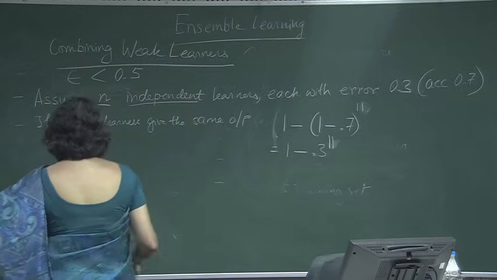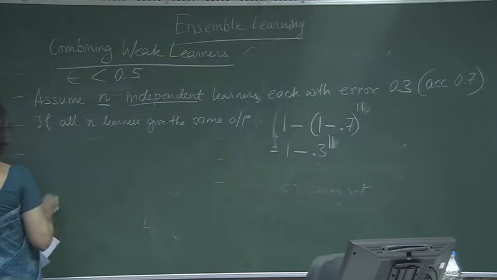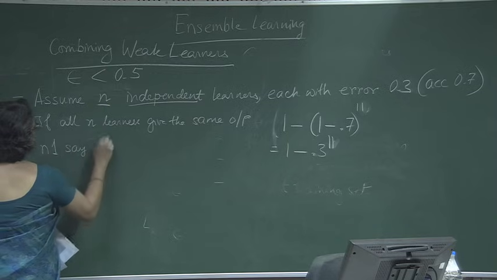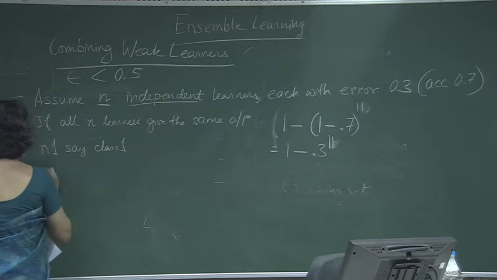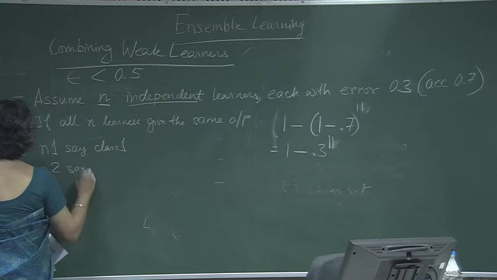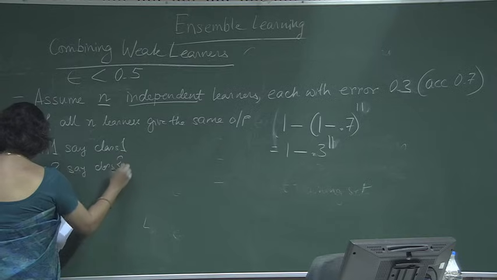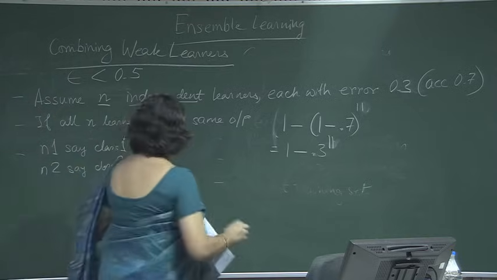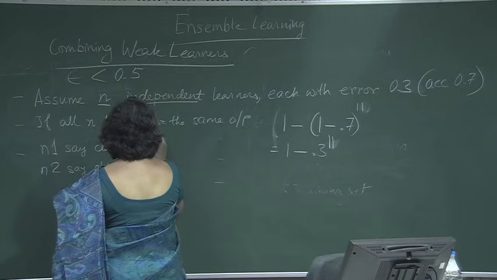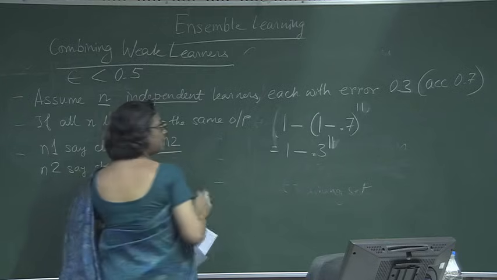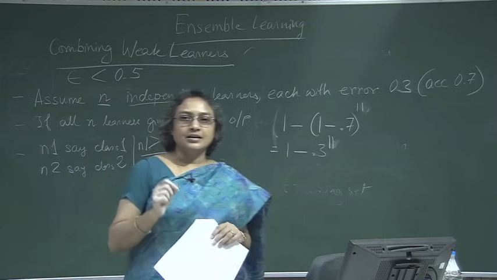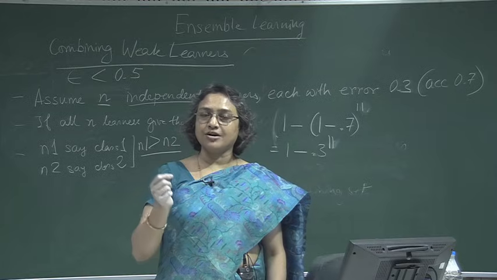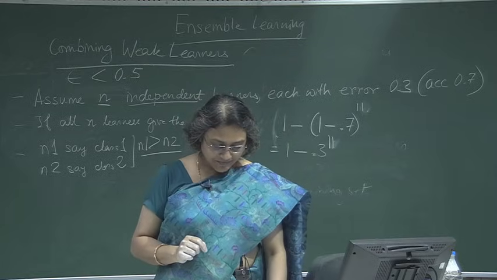Now, in the general case, if out of n learners, n1 say class 1 and n2 say class 2, and without loss of generality, let us assume that n1 is greater than n2. So, n1 is the majority, and therefore, class 1 is the opinion of the majority of the learners.